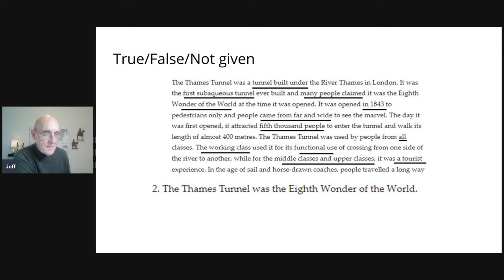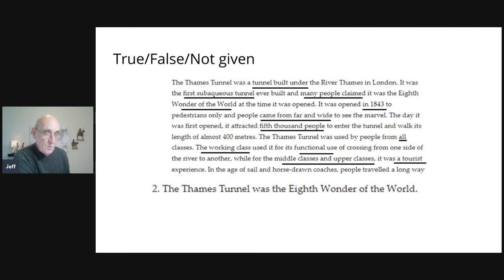So is this answer true or false? The difference might be small, but it's very important. Question two says the Thames Tunnel was the eighth wonder of the world. Our passage says many people claimed. Claiming something is not the same as it being a fact, okay? If I claim, if I believe that the world is flat, it doesn't mean the world is flat, okay?